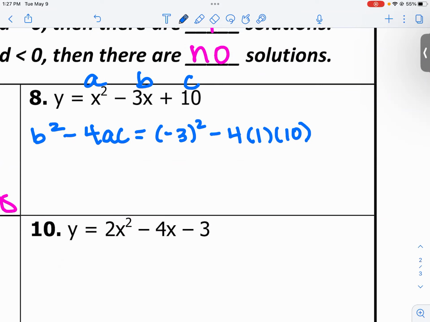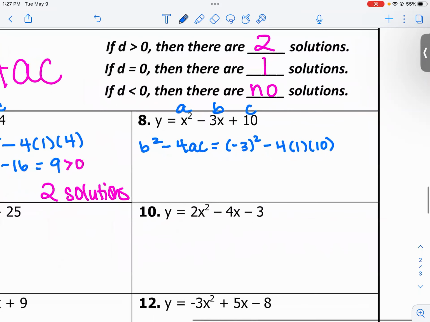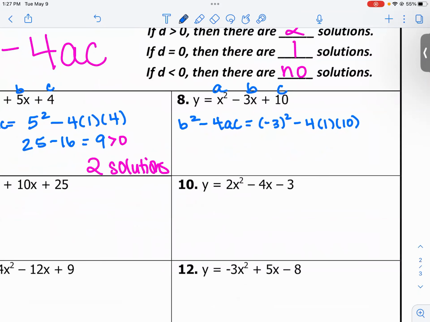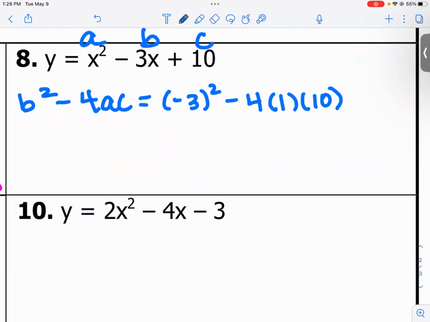Do you have a question? On the last problem, I think you made a mistake. No, 4 times 1 times 4 is 16. They're all multiplied together.